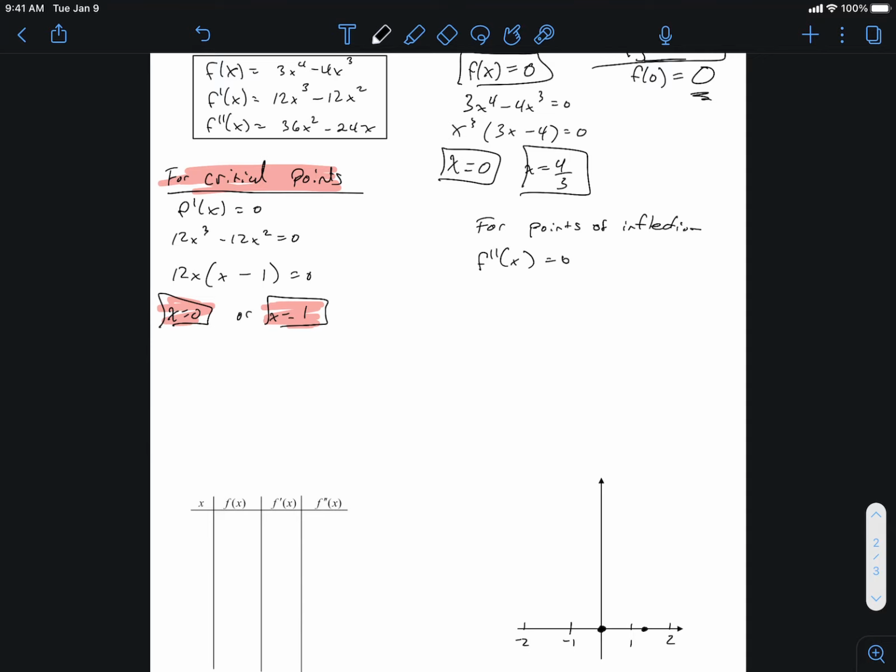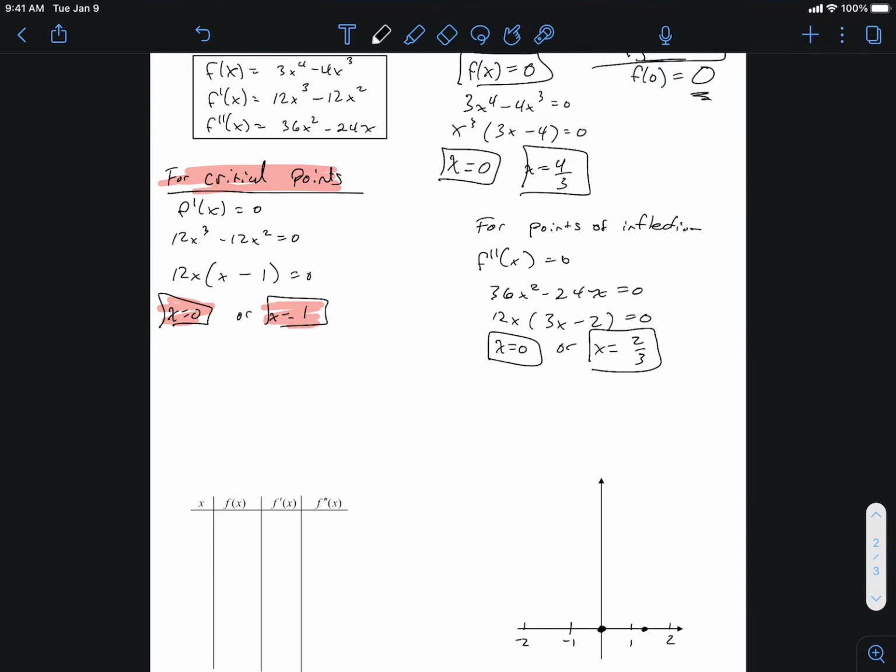So take your second derivative function, 36x squared minus 24x, that has to equal 0. We could remove a 12x from there, and then we're going to see 3x minus 2 left. So again, x equals 0 or x equals 2/3.